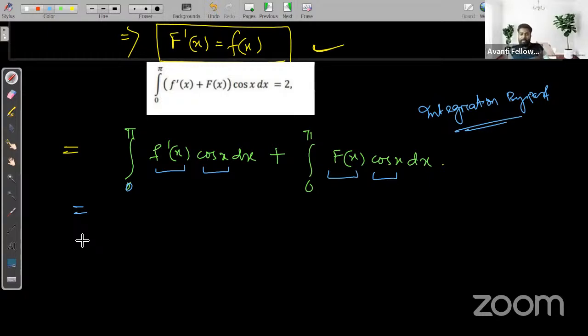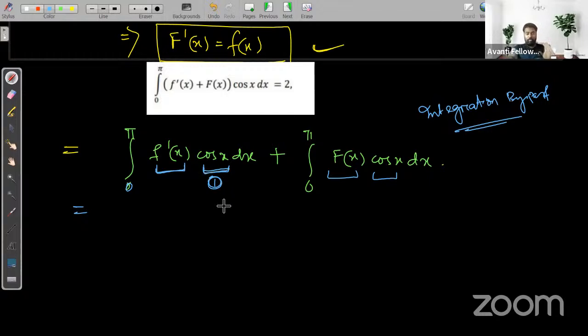The function that can be easily integrated, we take as the second function, and the function that can be easily differentiated, we take as the first function.